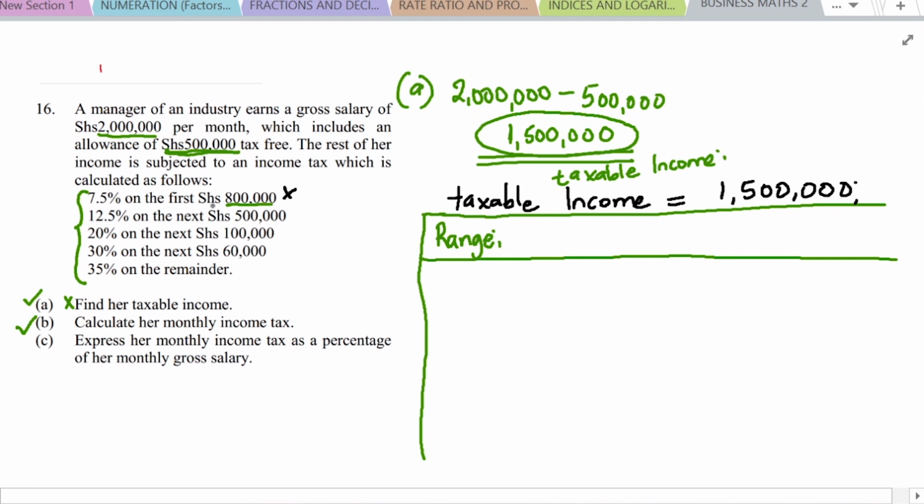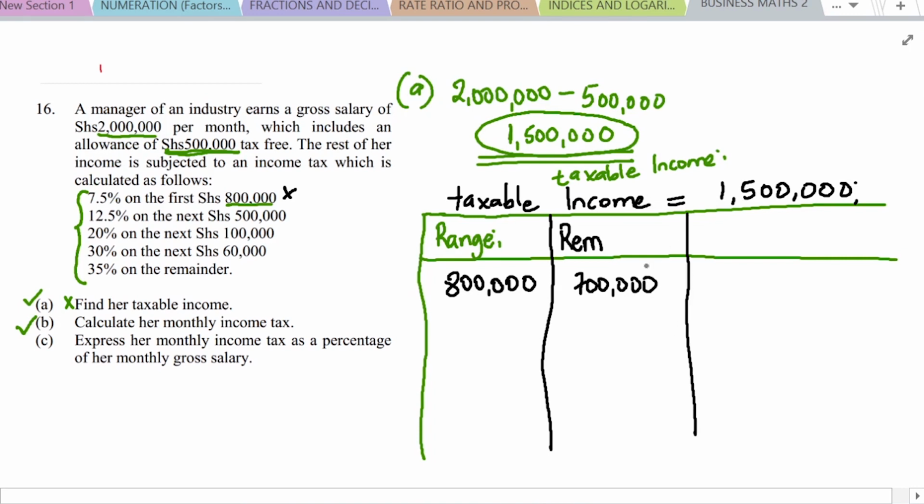We have the first 800,000. So from here we have the first 800,000. What tax rate is going to be applied to the first 800,000? Now if this is the first 800,000, let's look at how much remains. 1,500,000 minus the 800,000 that we are going to subject to tax, we remain with 700,000.